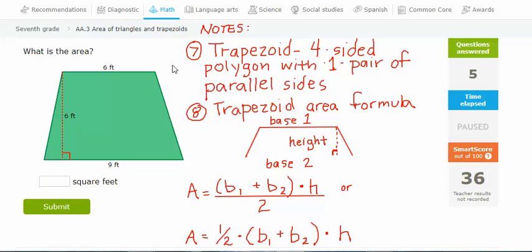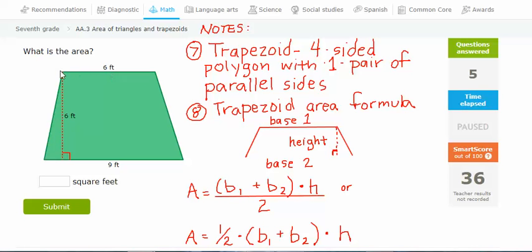All right, let's continue to the next part of the notes. A trapezoid is a 4-sided polygon with 1 pair of parallel sides. So this is parallel, okay? Lines in the same plane that never touch.